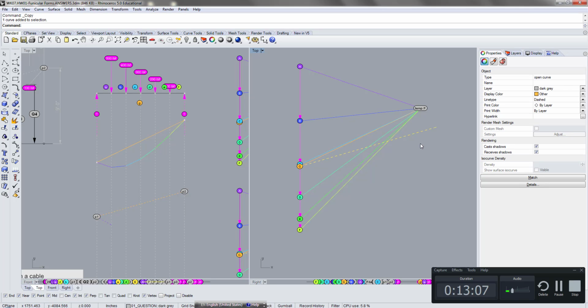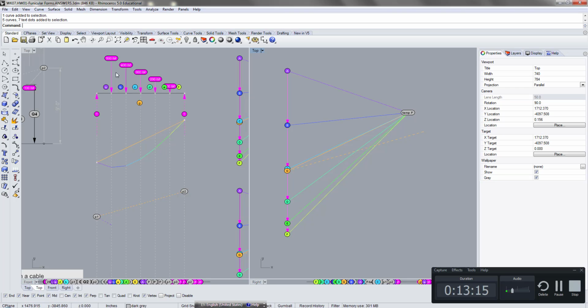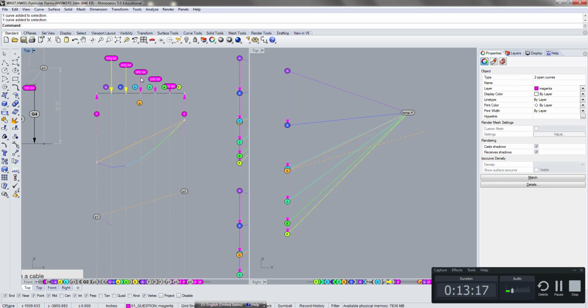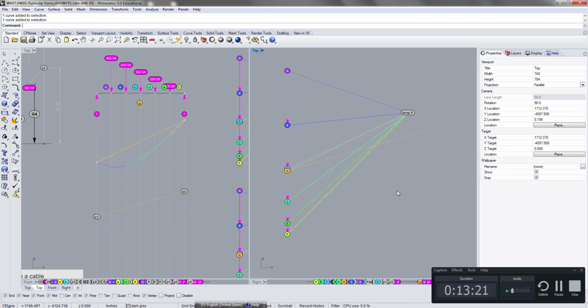But that line is always going to be a line that connects point P and point G on the left side, and none of these points are moving on the left because the given load is not changing. So that's the first condition.